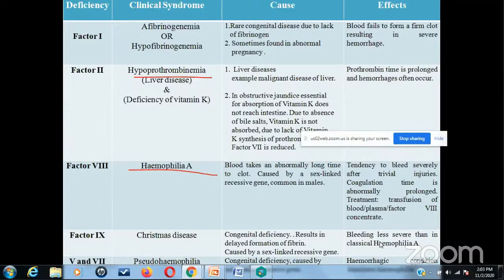This is a hemorrhagic condition with a bleeding disorder, but it is congenital. It results in delayed formation of the fibrin network, and it is caused by a recessive gene.